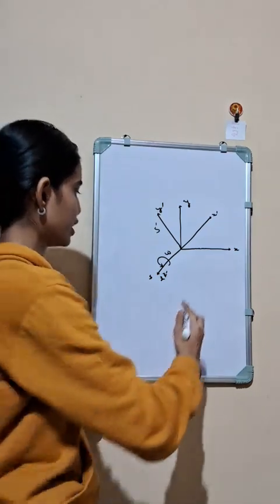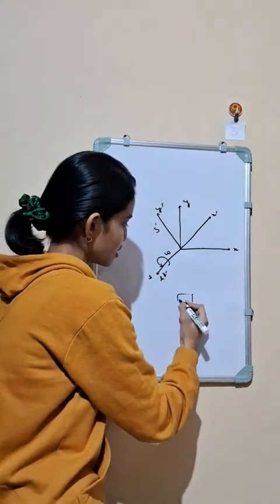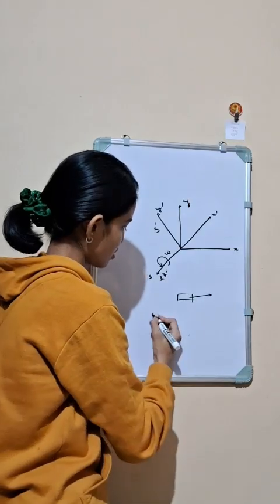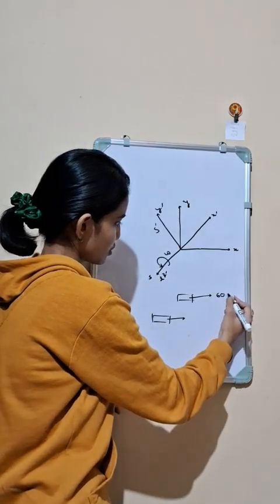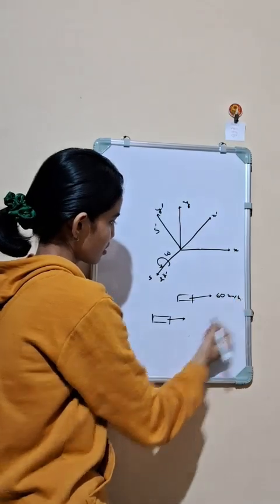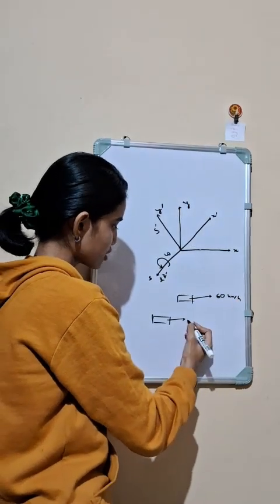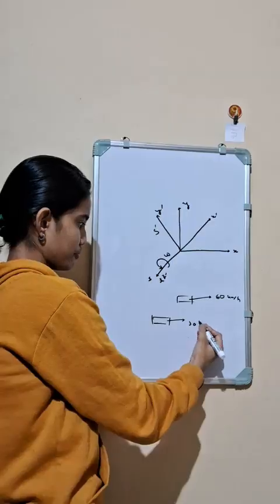Let me make it clear for you by drawing some pictures. I am traveling at 60 km per hour. My friend is traveling at 30 km per hour.